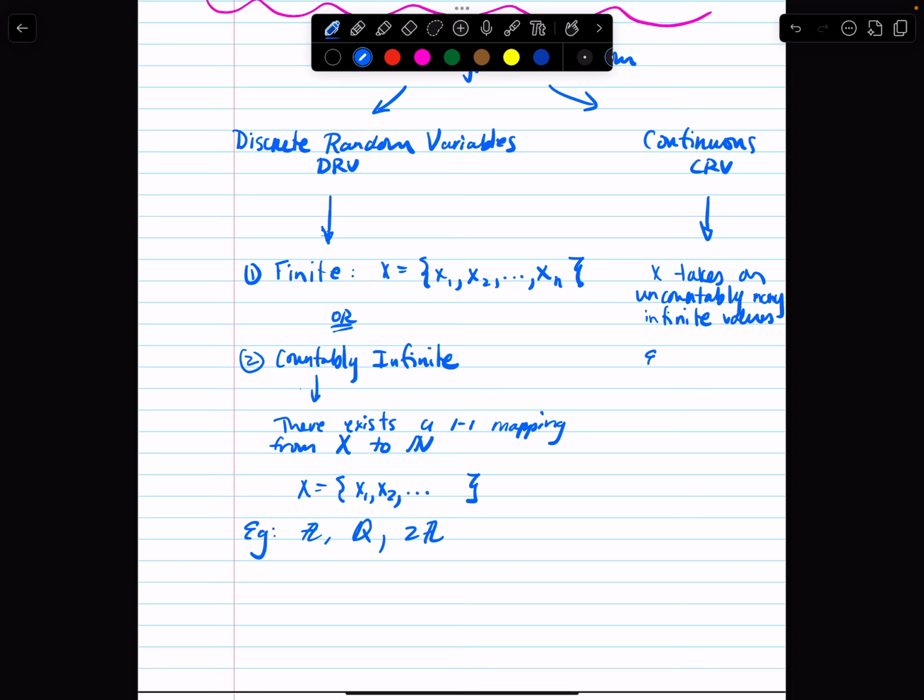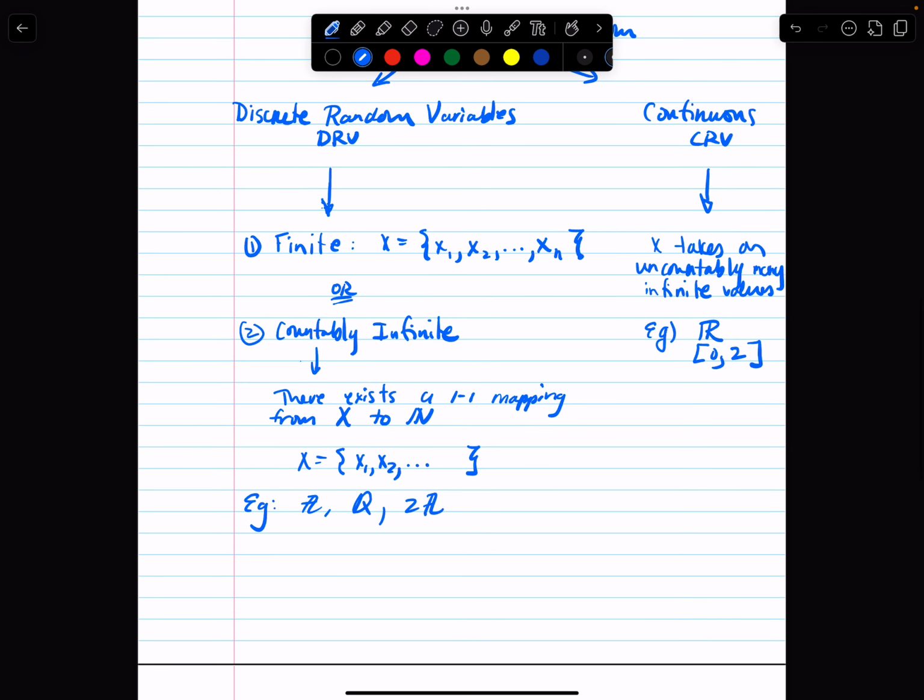So examples here would be the set of all real numbers, or even an interval on the set of all real numbers. Often you'll see it with time, distance, length, anything that we could measure to any degree of accuracy is a continuous random variable. All right, we're going to stop there.